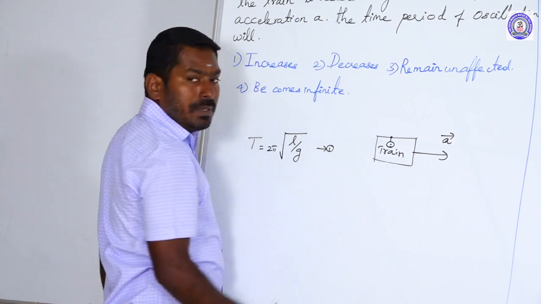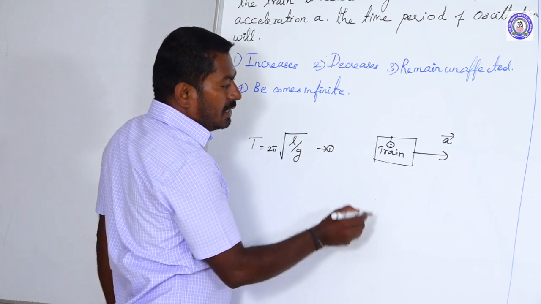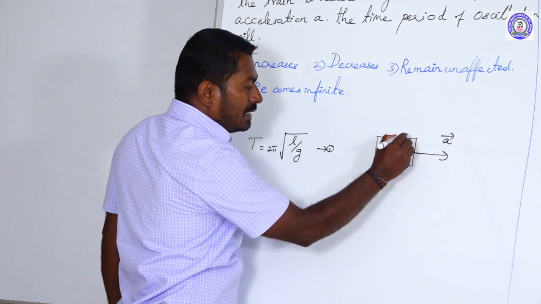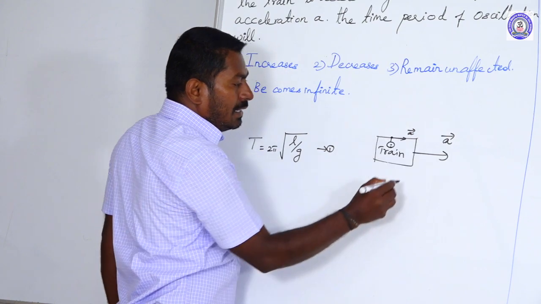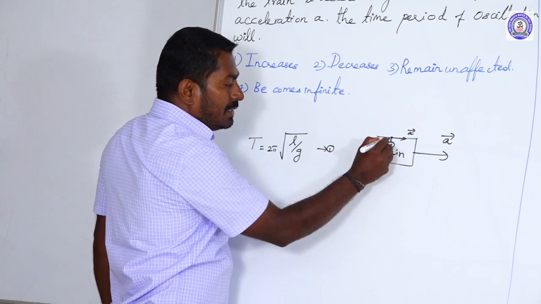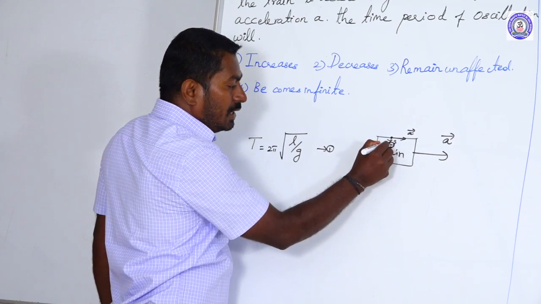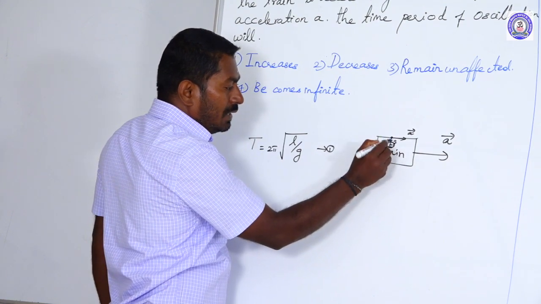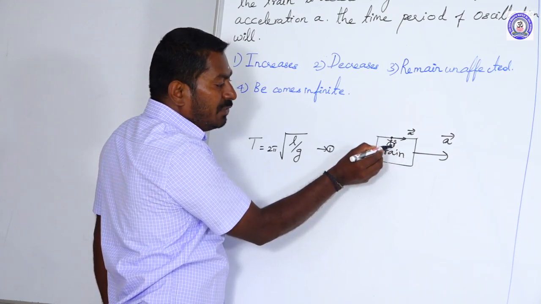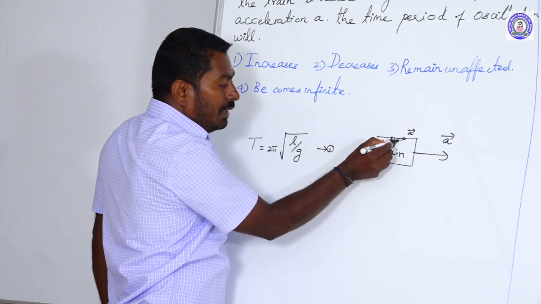Then the simple pendulum experiment is performed inside the train. The point of suspension has two kinds of acceleration. One is the acceleration along the positive x-axis, the same as the acceleration of the train. The other is the acceleration due to gravity, which acts vertically downward. These two accelerations experienced by the point of suspension are at right angles to each other.